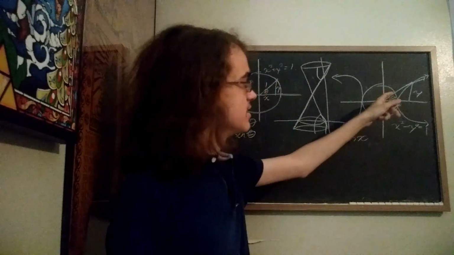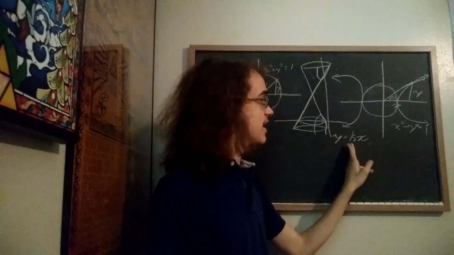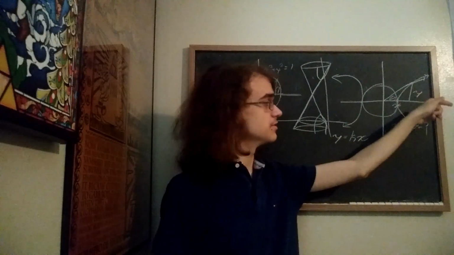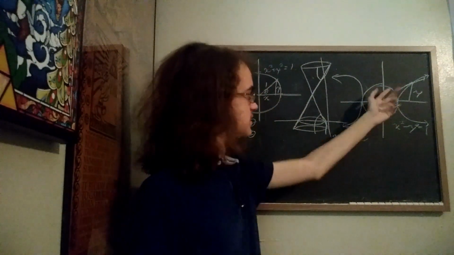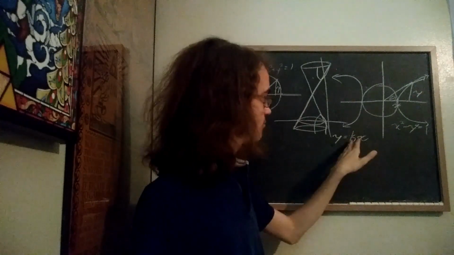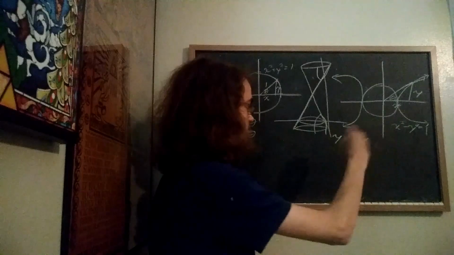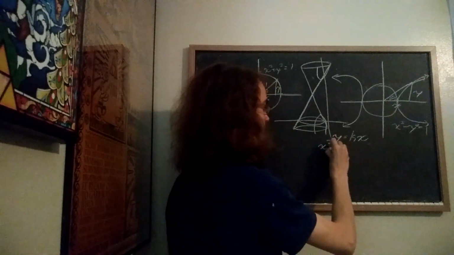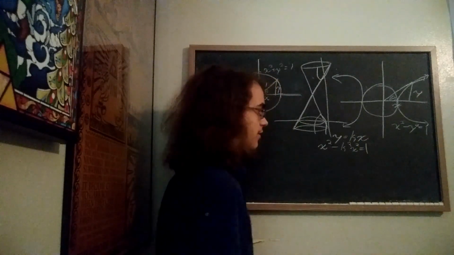Now to find the end behaviors of the hyperbola, we're going to need to find what happens to k as x goes towards infinity. And so this line intercepts with this equation at a point. So we can set y equals kx. We can put the kx into here. And so we can say that x squared minus k squared x squared is equal to 1.